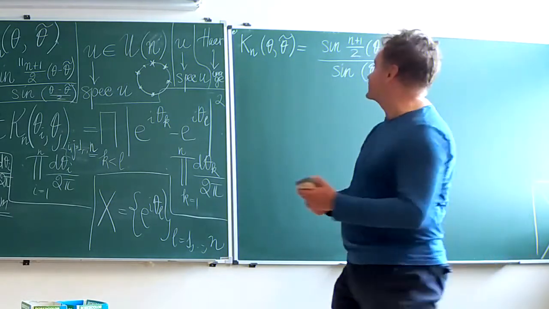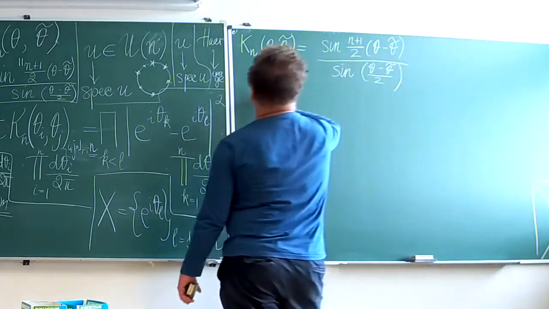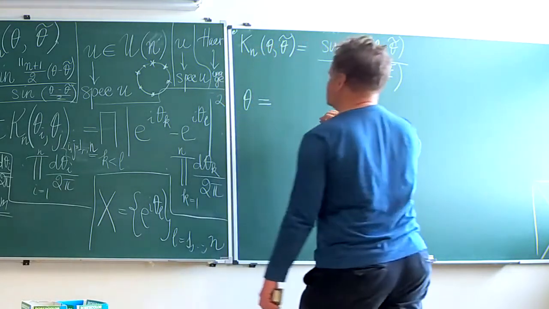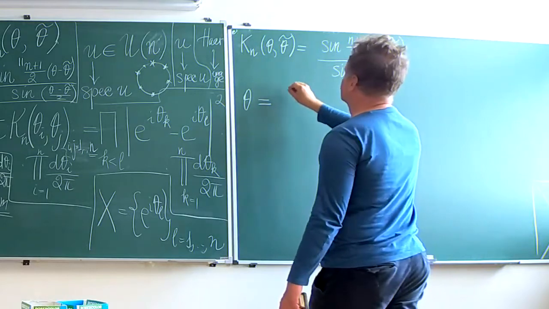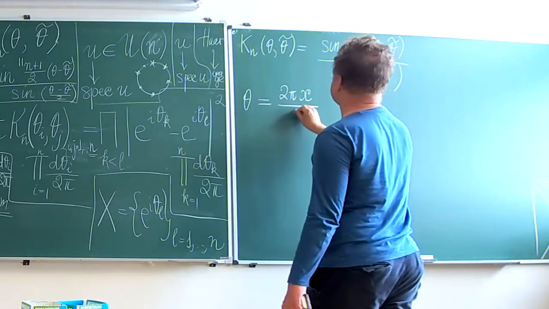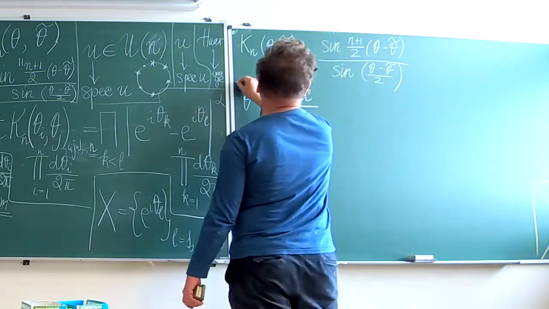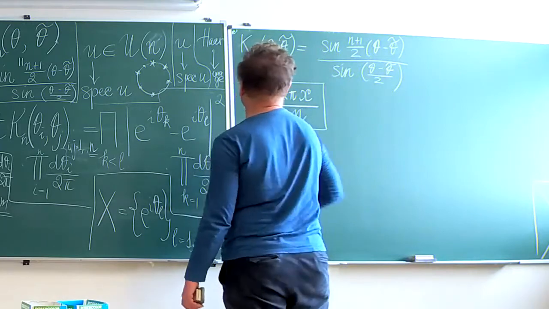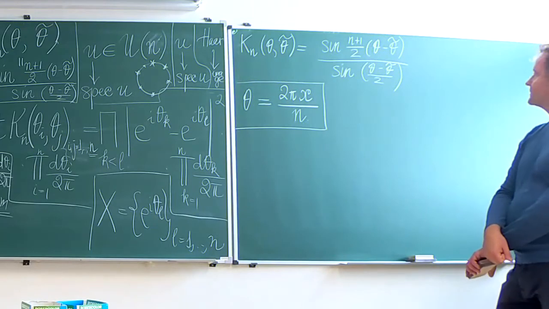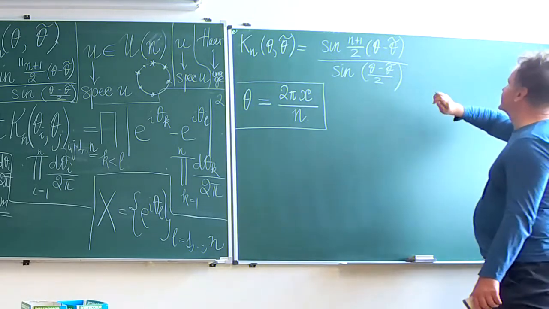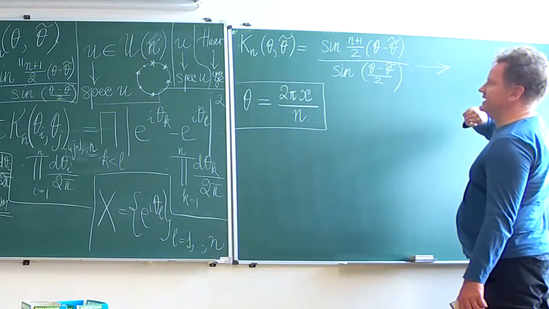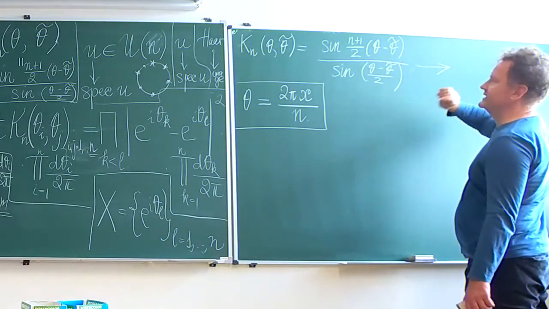So let me consider theta to be 2 pi x over n. Substituting here, hoping that I didn't make a mistake, I get quite immediately.